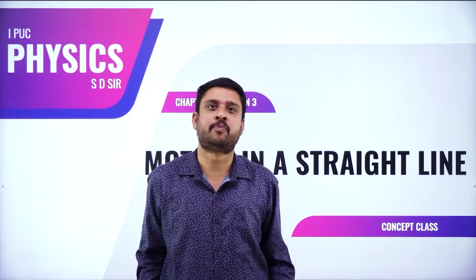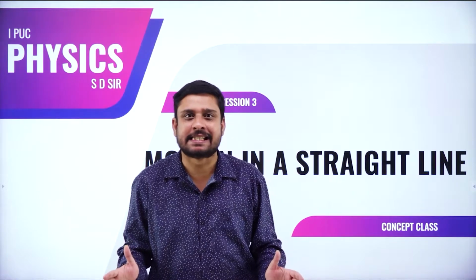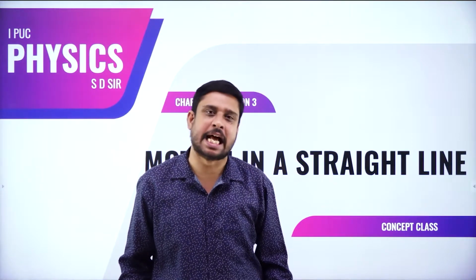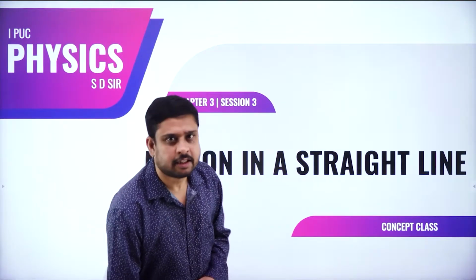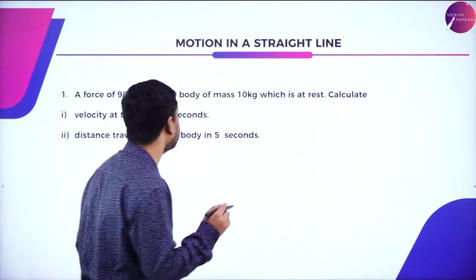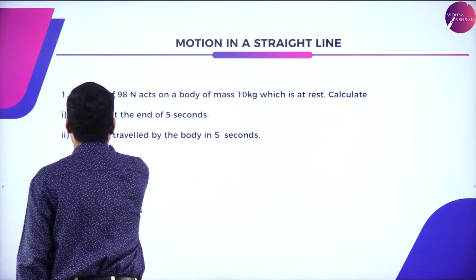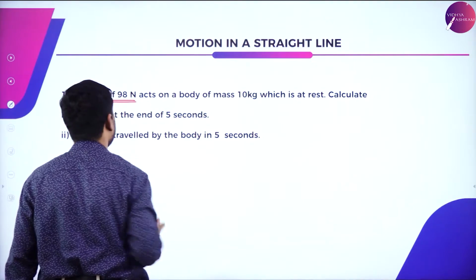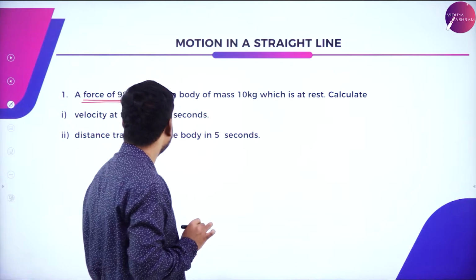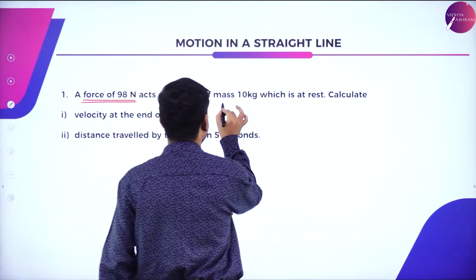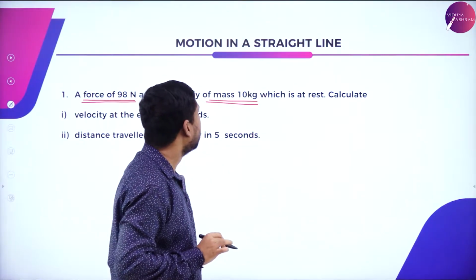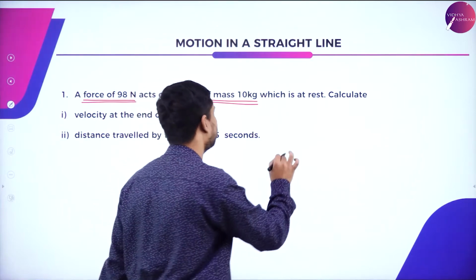Today's session I have problems which are a correlation of concepts from motion in a straight line and laws of motion. The first one. The problem says a force of 98 Newton acts on a body of mass 10 kg which is at rest.